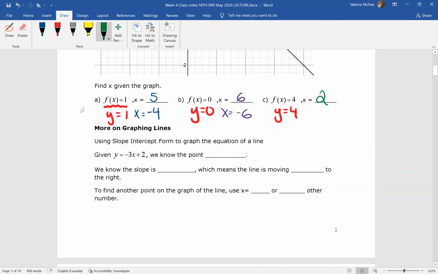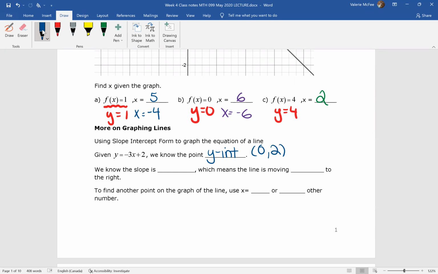We also talked last week about graphing lines using the slope-intercept form. So let's run through a quick review of that. Given y equals -3x plus 2, which point do we know? We know the y-intercept. X equals 0, y equals 2.